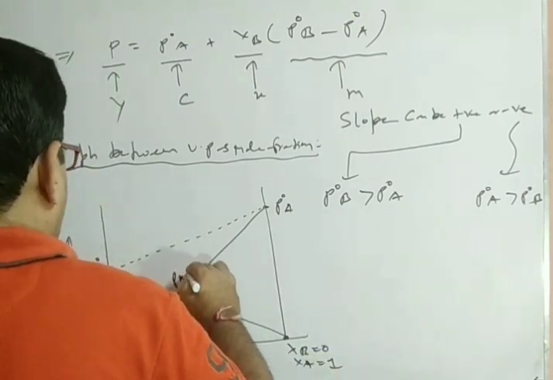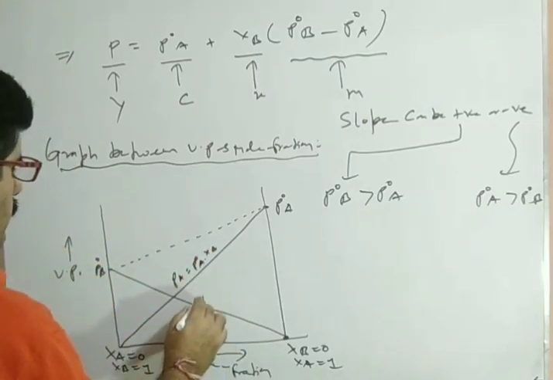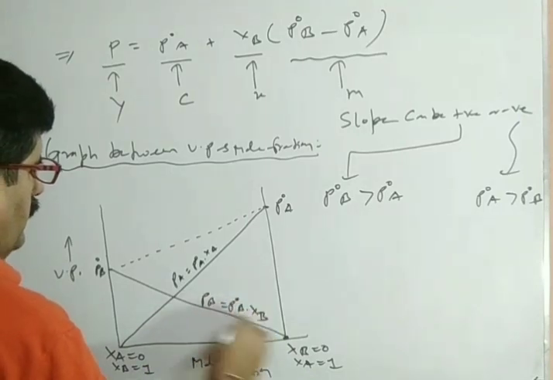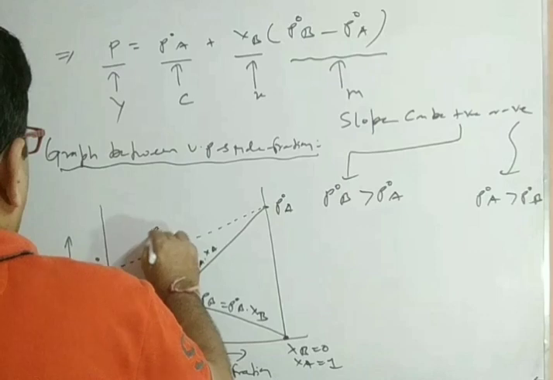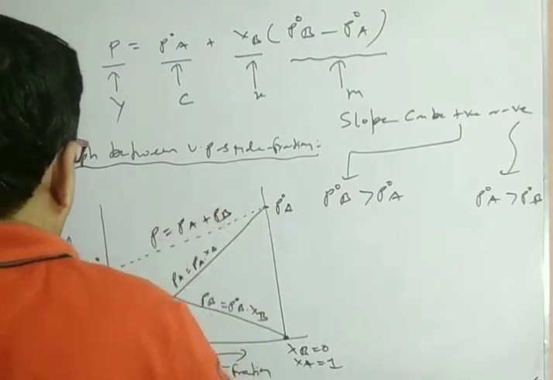PA is equal to P naught A into XA, PB is equal to P naught B into XB. This is P is equal to PA plus PB.